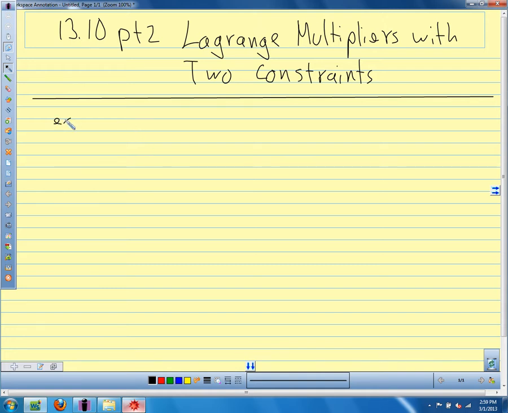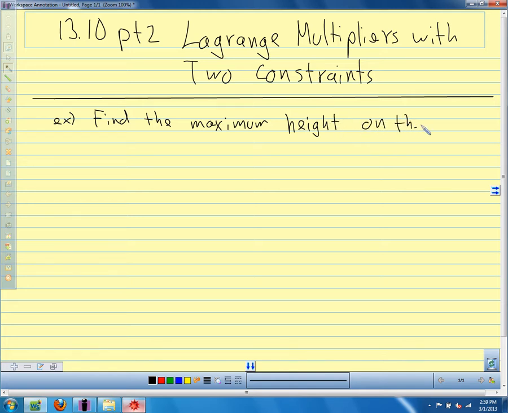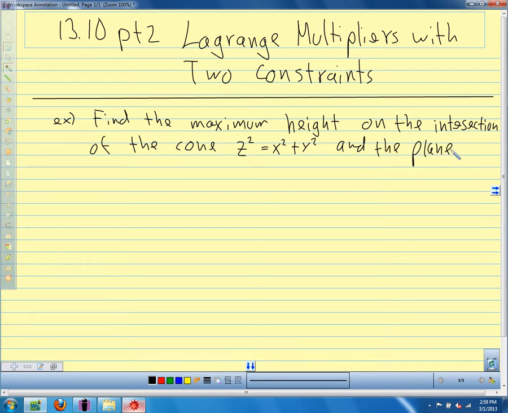So we want to find the maximum height on the intersection of the cone z squared equals x squared plus y squared, and the plane x plus 2z equals 4.